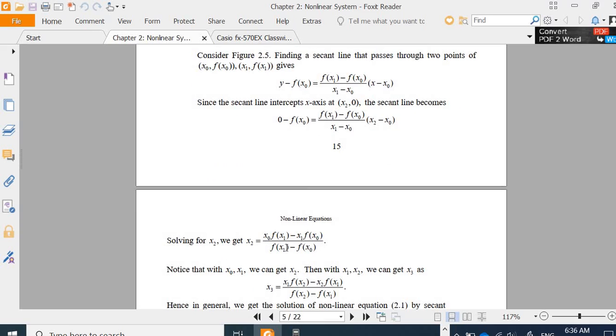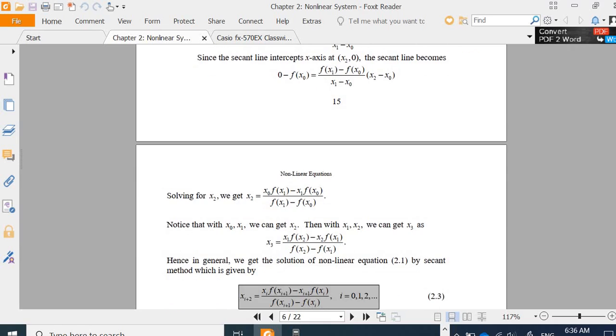This means that given x0 and x1, we get the approximation x2. With x1 and x2 you can get x3.